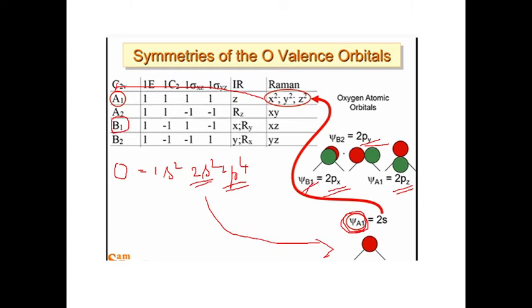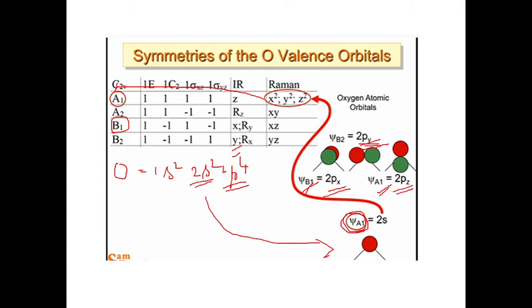If the y axis transforms as B2, then py has B2 symmetry. And if the z axis transforms as A1, then pz has A1 symmetry. So now we have the symmetries for both the hydrogen atomic orbital SALCs and the oxygen valence orbitals.